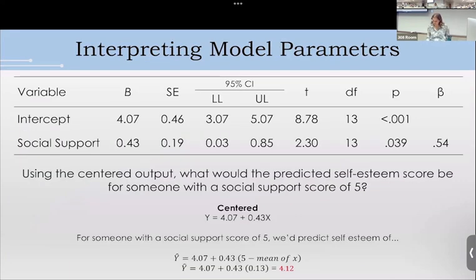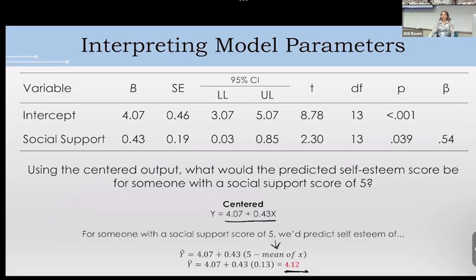So if we're using the centered equation, we can't plug in 5, we have to plug in the centered version of 5, which is 5 minus the mean of X. And so we get the same answer as we got when we used the uncentered equation and plugged in 5. You just need to remember: uncentered equation, uncentered input; centered equation, centered input. Unstandardized equation, unstandardized input; standardized equation, standardized input.